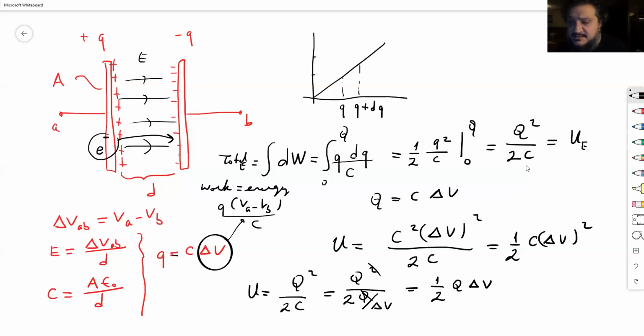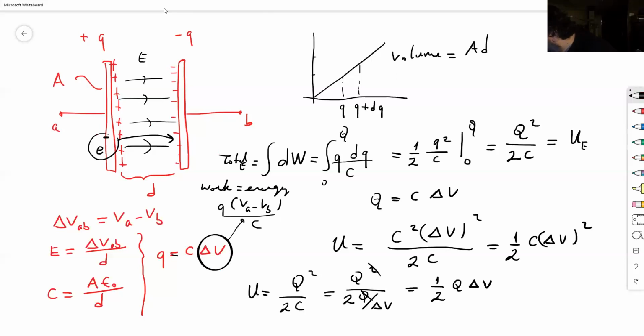Oh, by the way, since that's energy, we can define an energy density. All right, so the space inside or between the plates, it has a volume, right? That volume is equal to, like a cylinder, or any actually prism would work, is equal to A times D. So if I divide the total energy by this volume, I'll get energy per volume.